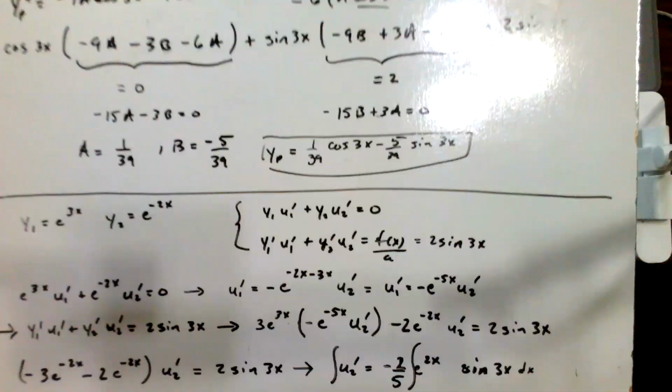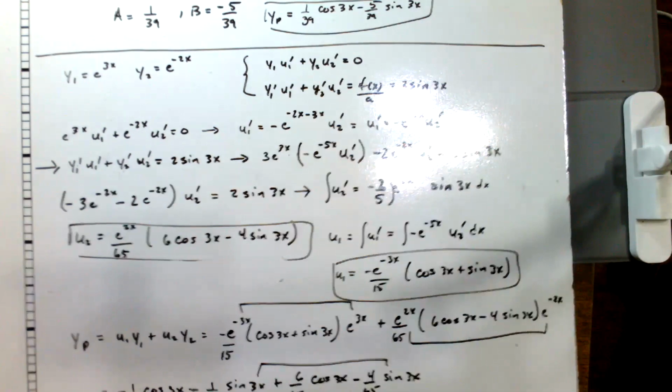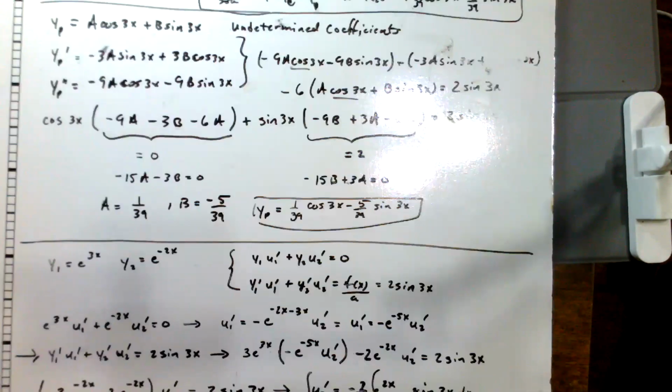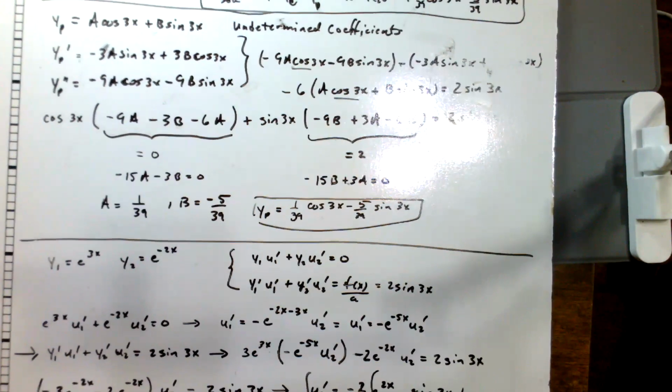In this particular case, you can see that the variation of parameters method, while it gets us there, includes some pretty difficult integrations and requires quite a few more steps. So if we can use the method of undetermined coefficients, it typically is a little bit more efficient at getting to a solution.